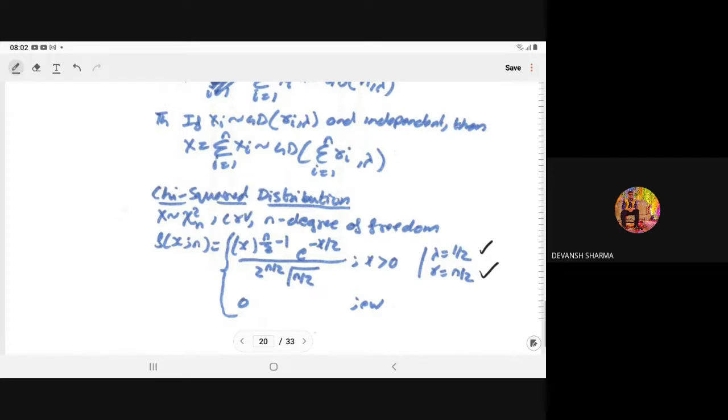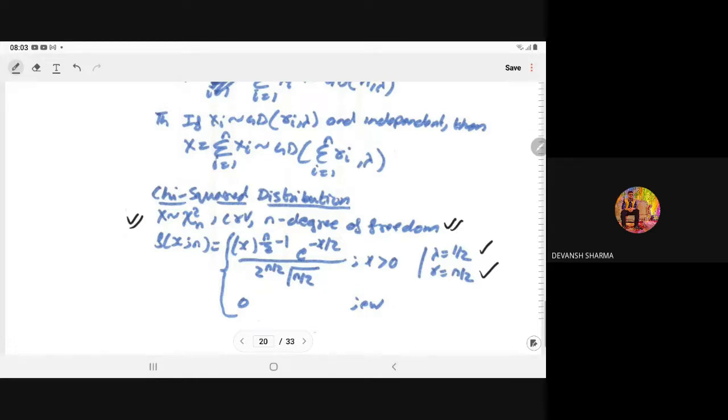So here x is a continuous random variable following the chi-square distribution with parameter n, and the parameter n is known as the degree of freedom. Instead of calling it the parameter, we call it the degree of freedom.